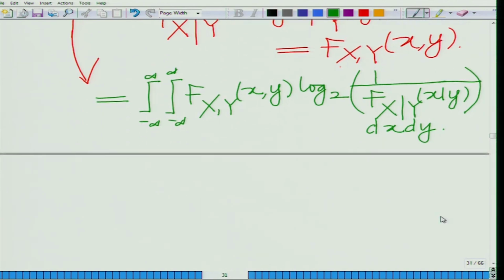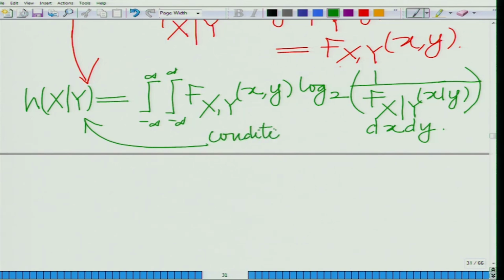Okay, so this is basically your h of x given y. This is the conditional entropy, or rather your conditional differential entropy.